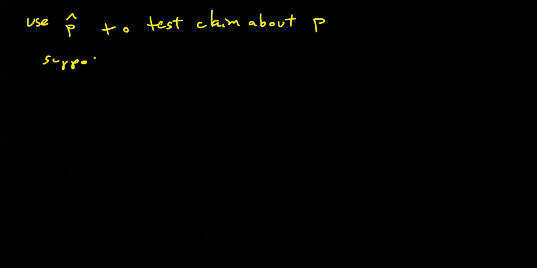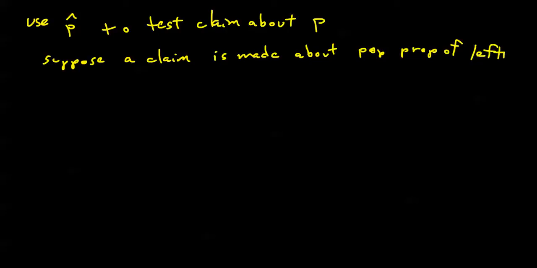Let's suppose a claim, an hypothesis, is made about population proportion of left-handed people. We've talked about that in a similar realm in this course before. Alright, so a claim is made that the population proportion of left-handers in the world today is 10% or 0.1.